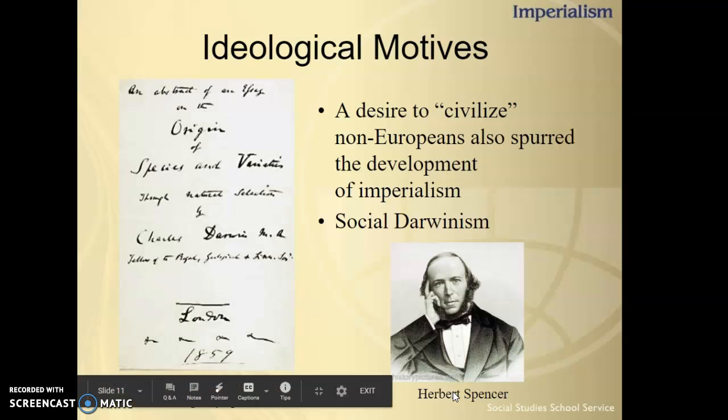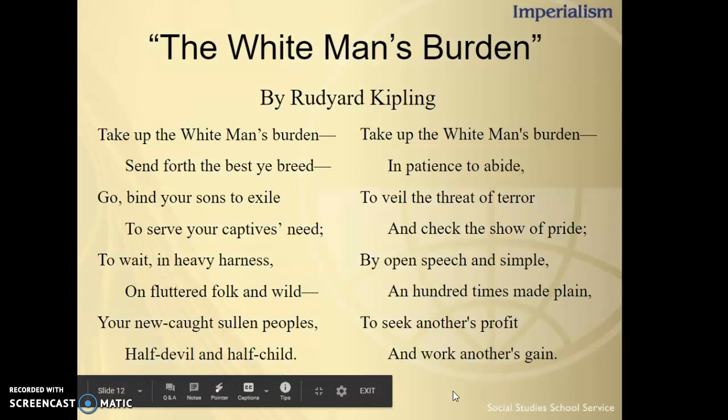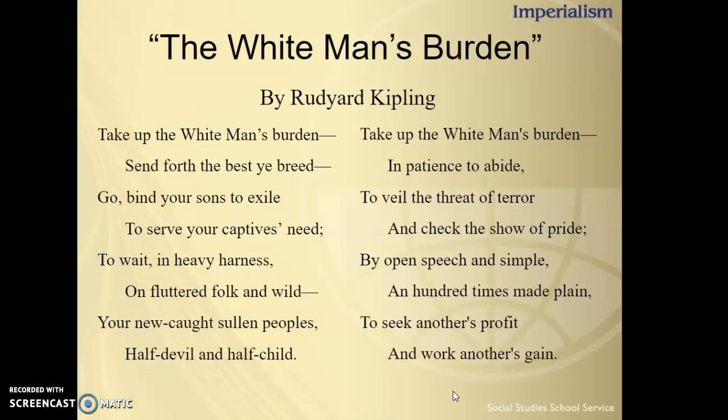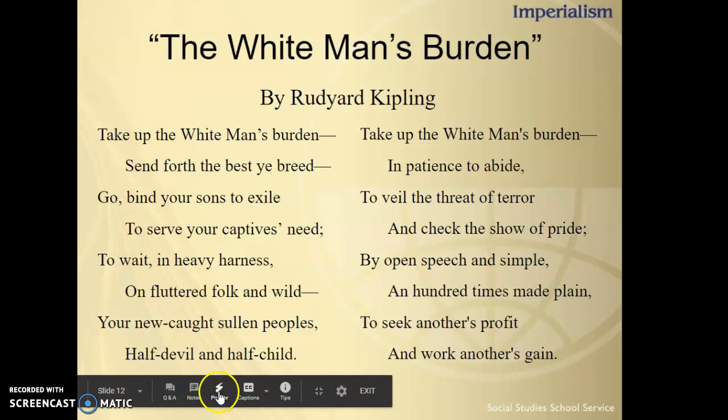This is also reflected in a poem written by Rudyard Kipling called The White Man's Burden, the burden of the white man to civilize non-Europeans. If you look closely at this poem, you can see some of these ideas, and how the Europeans viewed non-Europeans: half devil, half child.